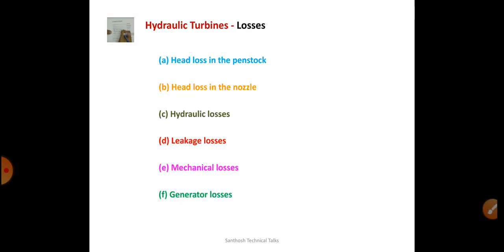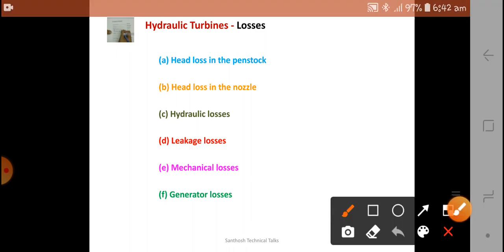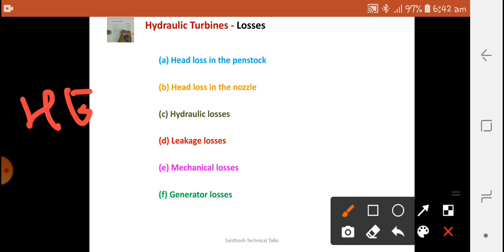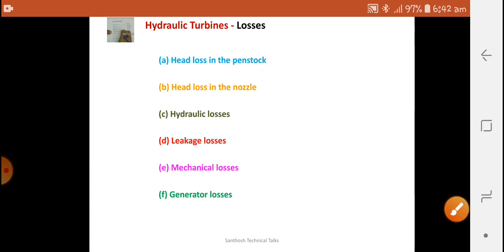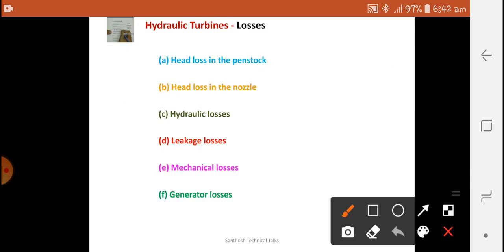Generally, turbines also have some losses: head loss in the penstock, head loss in the nozzle, hydraulic losses, leakage loss, mechanical loss, and generator loss. We know that in hydraulic turbines, hydraulic energy is converted into mechanical energy, and the mechanical energy is converted into electrical energy, where we transfer liquid from the dam to the turbine by means of a penstock.